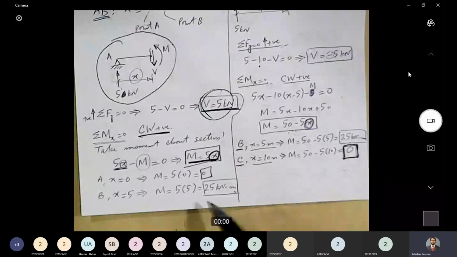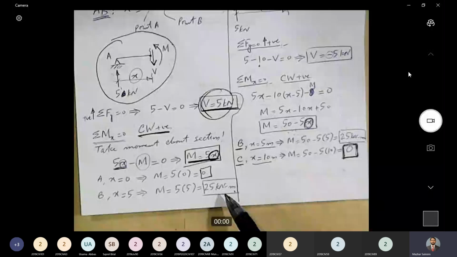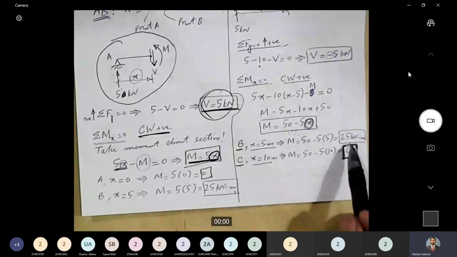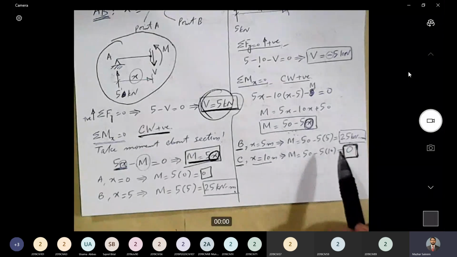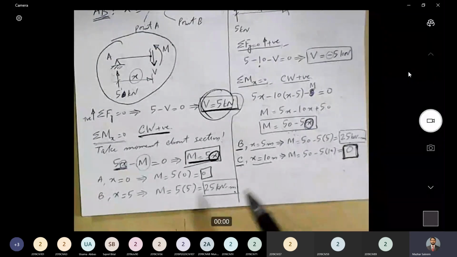And for point B, we got the value of bending moment equal to 25 kilonewton meter from both sides, from side AB as well as from side BC. This is also logical because there is no point moment acting at point B, so the value of moment should be the same at point B from either side.